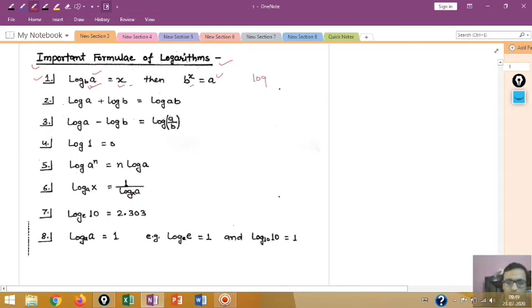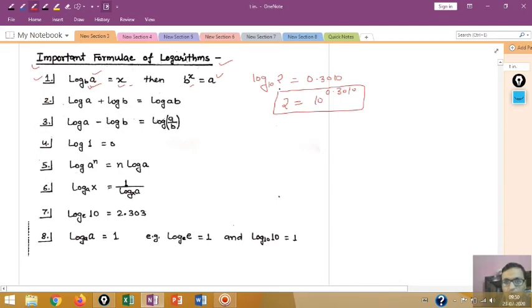I mean to say, if someone writes that log 10 base 2 equals, suppose this is the value given by default, 0.3010, then you can say that 10 raised to the power 0.3010 equals 2. This is the property of log.